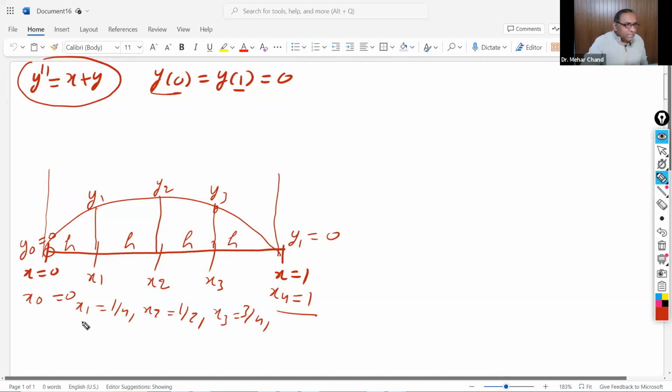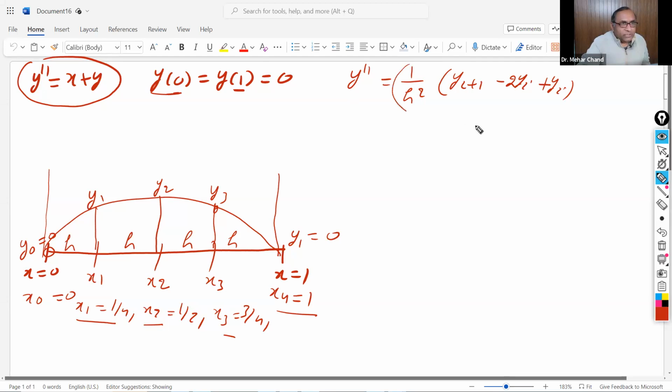Okay, so these are the intermediate points, x1, x2, and x3. What we do now, the value of y double dash will be equal to 1 upon h square times (y_{i+1} minus 2y_i plus y_{i-1}).